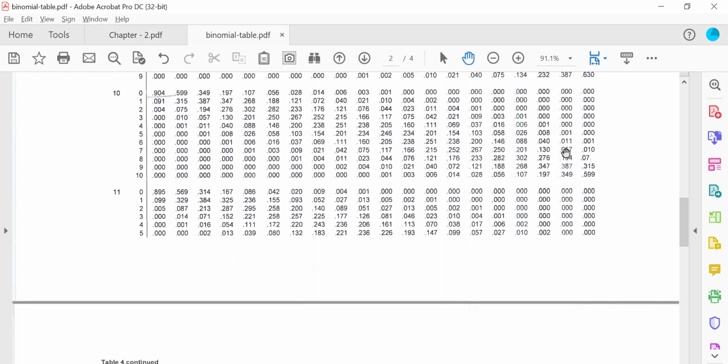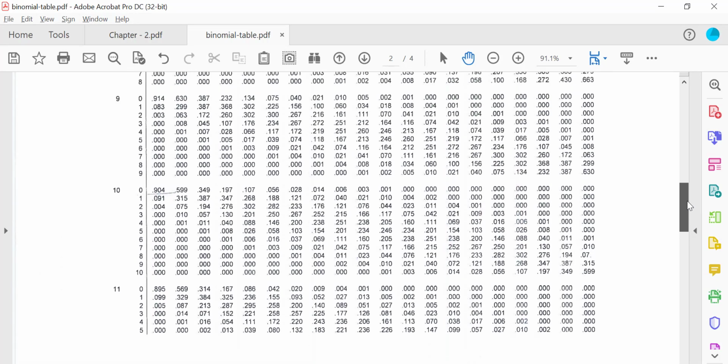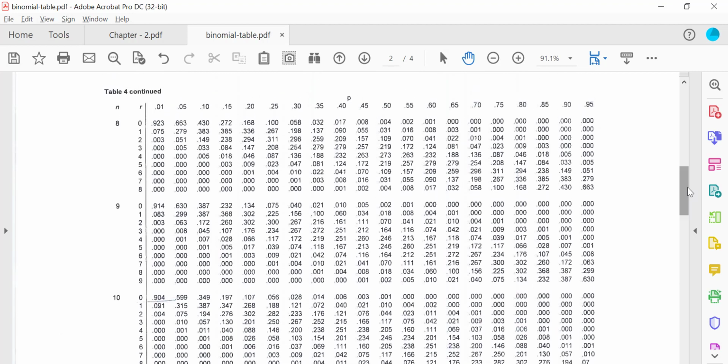So this is n is equal to 10 and different values of x, and the value for 0.35, right? We had in that particular question 10 and different values listed down, and the probability was 0.35.